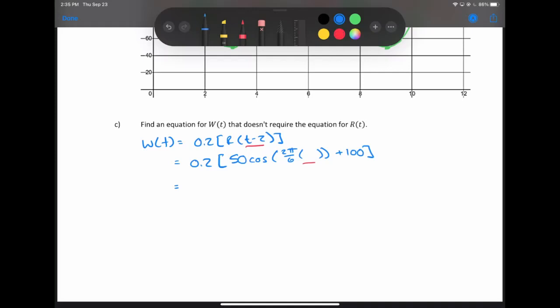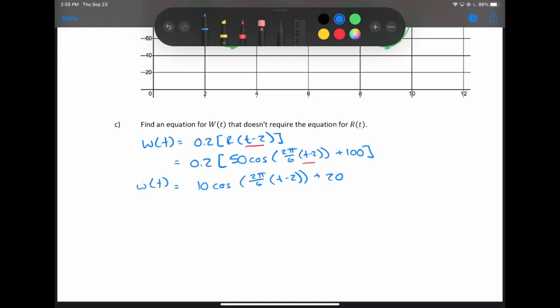So that's all it's saying: replace t with t minus 2. All right, can I make this a little bit prettier? So 0.2 times 50 is 10 cos of 2 pi over 6 times t minus 2, plus 0.2 times 100 is 20.